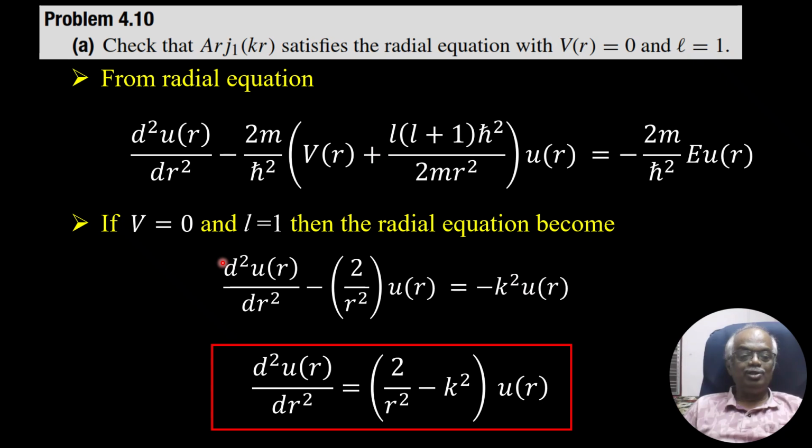If V equal to 0 and l equal to 1, then what will happen? This becomes 0. It's a free particle. And l equal to 1 means l into l plus 1, 1 into 2, 2. This will become 2.